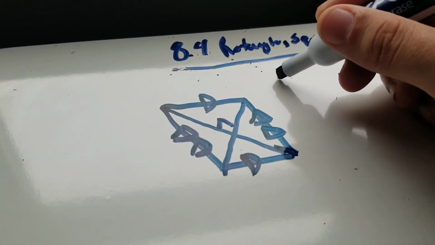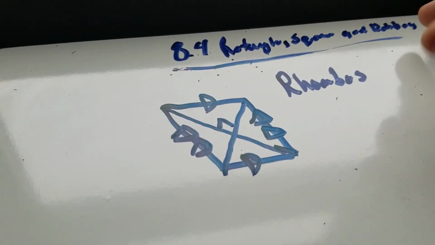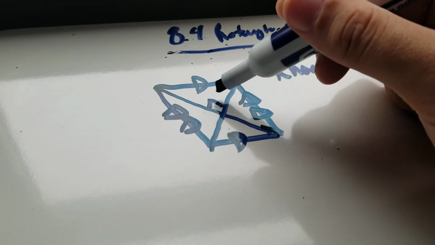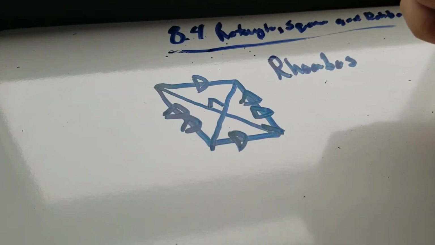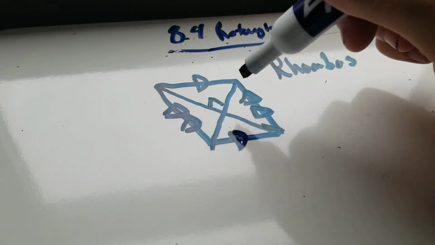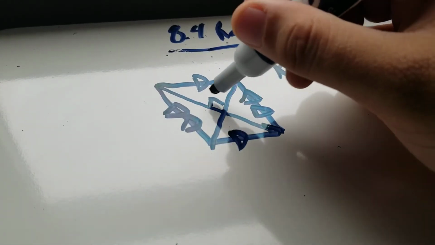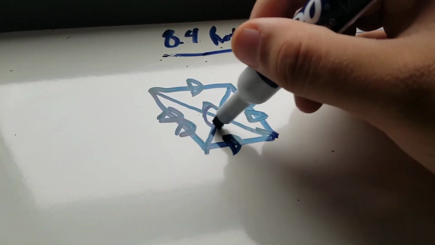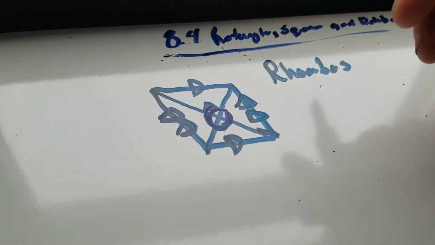From that moment, you know it's a rhombus. Okay? So in rhombuses, the diagonals are, what type of intersection forms a 90-degree angle? Good, if you remember, the word is perpendicular. So if the diagonals are perpendicular, then it's a rhombus. Okay?